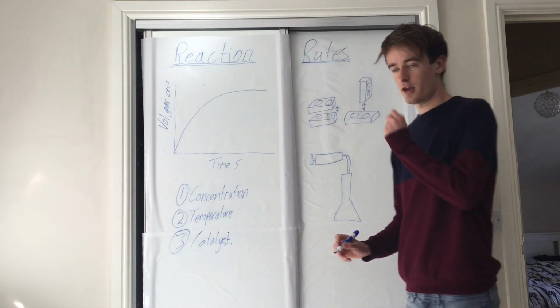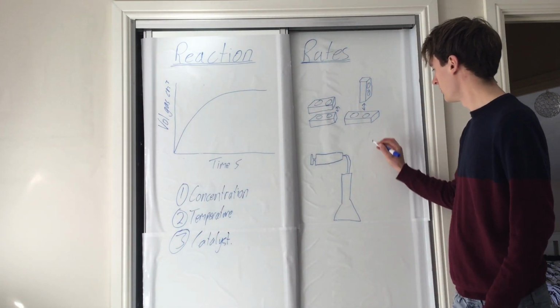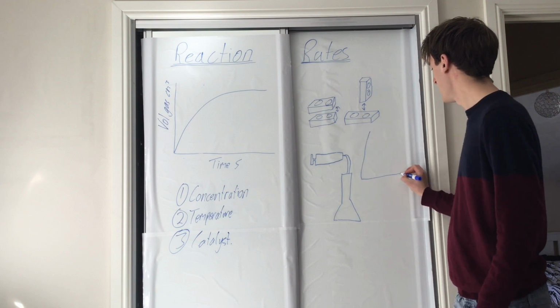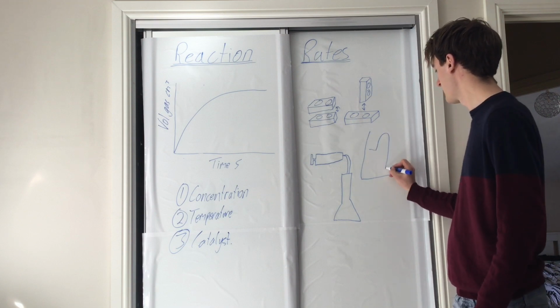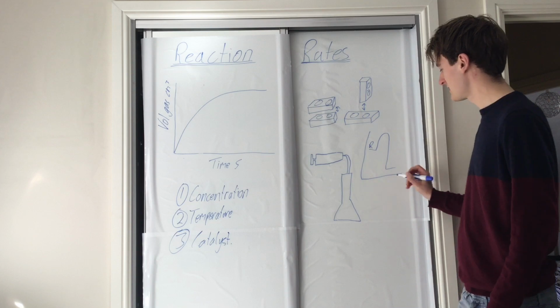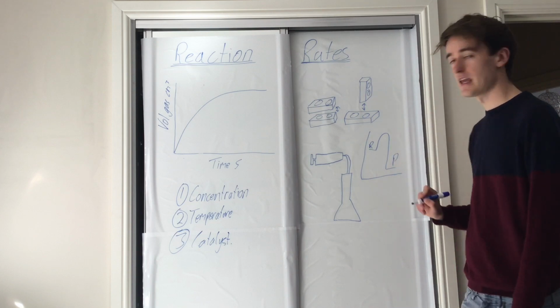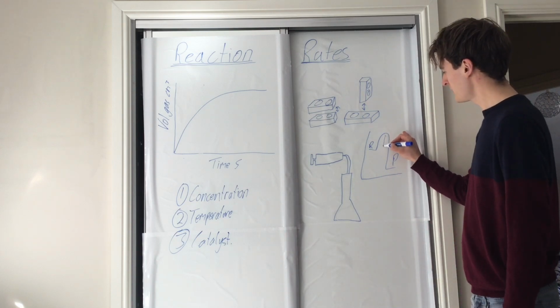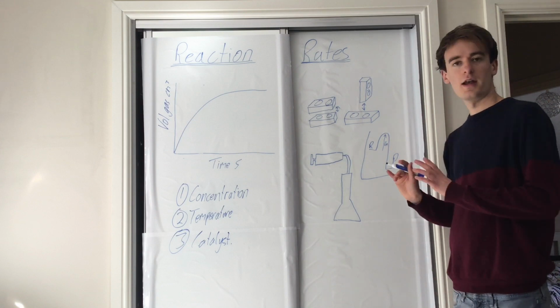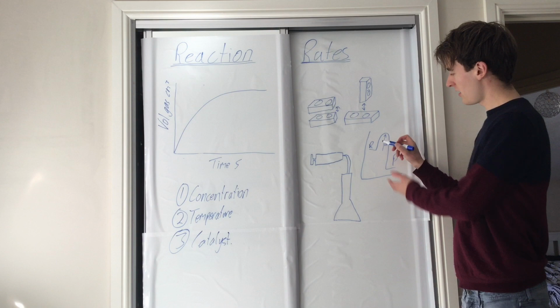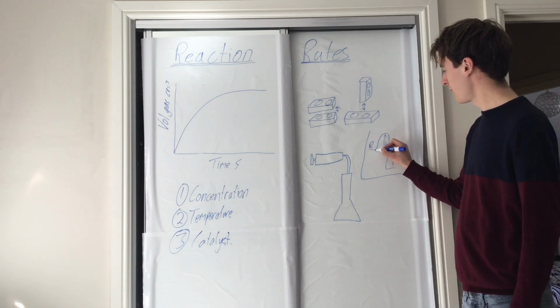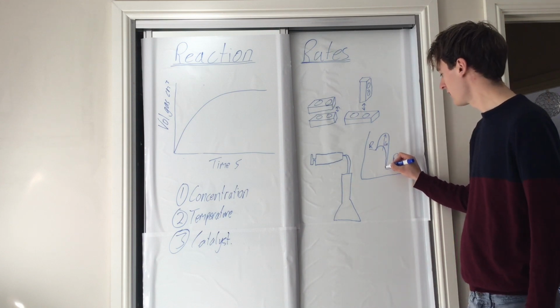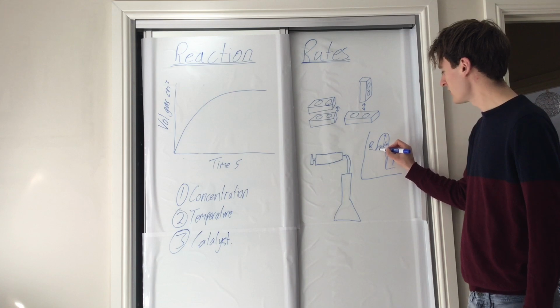Now, if we imagine a simple energy level diagram, where we've got our reactants R here and our product P here. This would be the activation energy, EA. Now, if I add a catalyst to this, I provide an alternative pathway of lower activation energy.